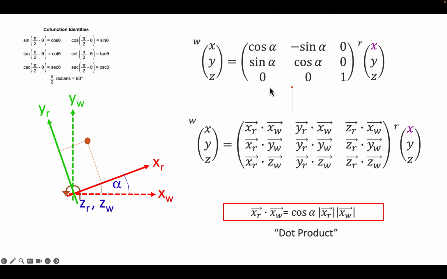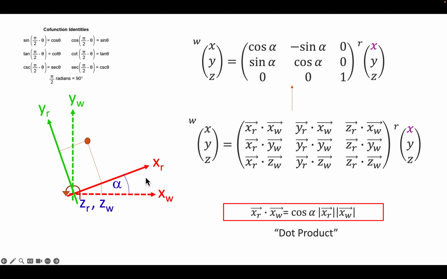Now let's do the third step and project xr onto ZW. The angle between those two is always 90 degrees, so cosine of 90 degrees is always 0, so I put a 0 here. I can do the same for this equation here. YR times YW is again the cosine of alpha, so easy.